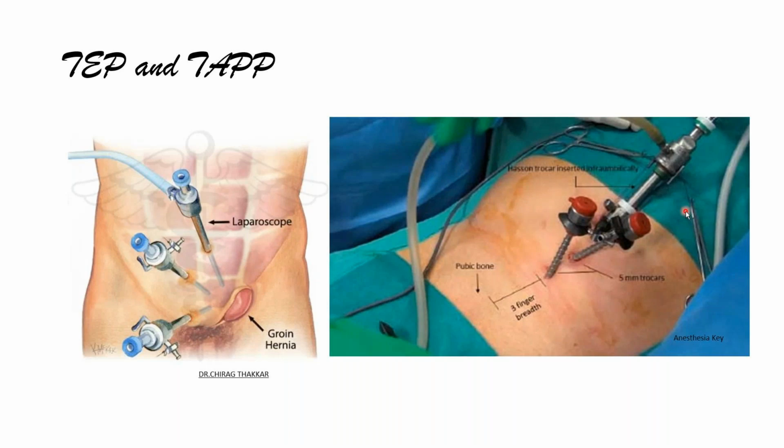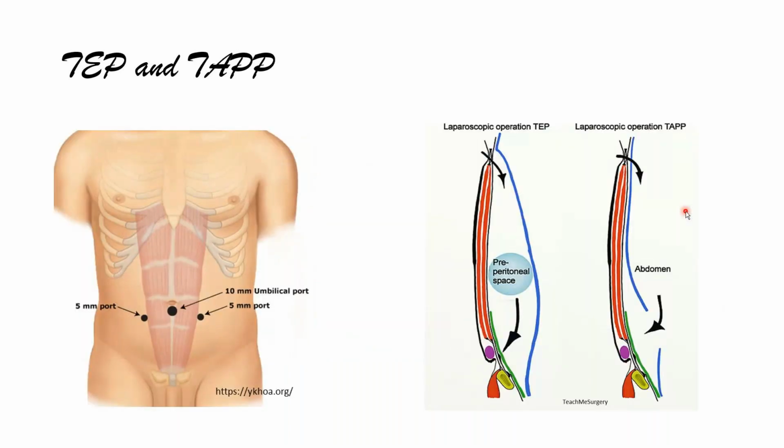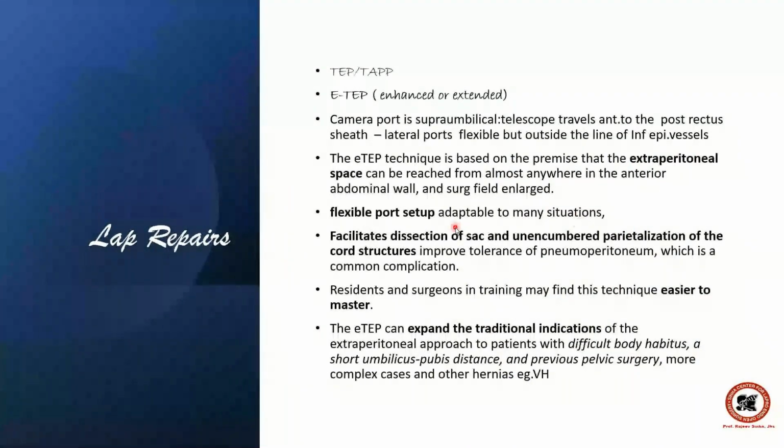So a very variable port application, a flexible port setup is one of the major advantages, and it gives a very large area for dissection, right? So this eTEP method has also given a larger application of this procedure, not only for inguinal hernias, it also becomes a very good method for approaching ventral hernia. Beyond that, it's beyond your scope, right?